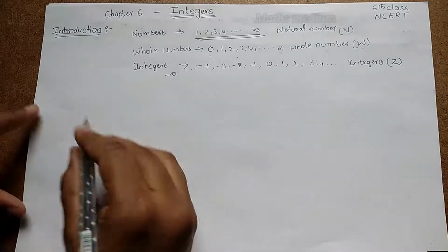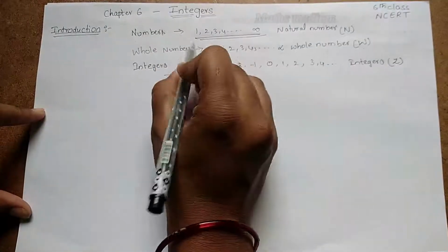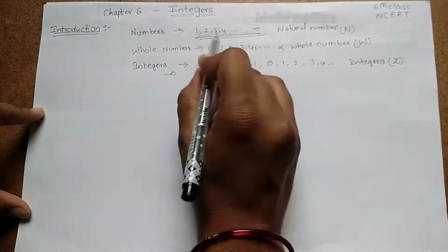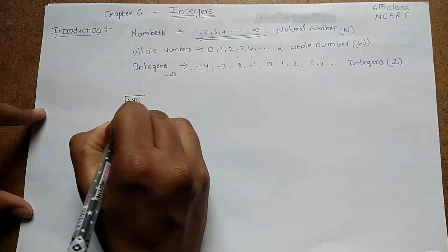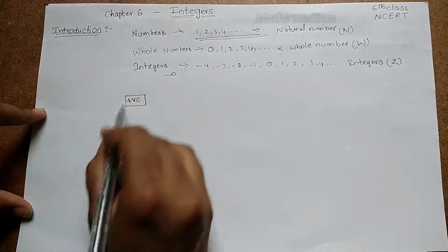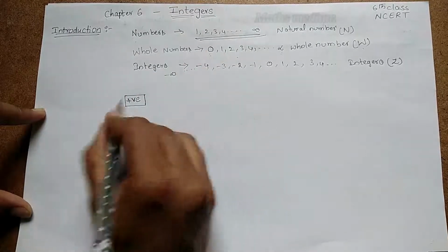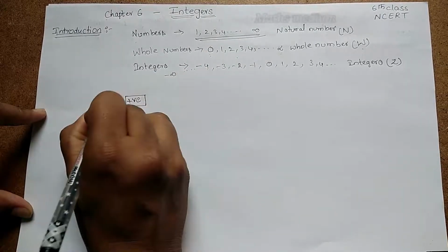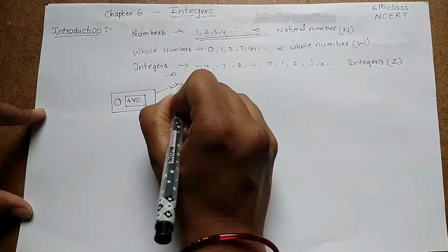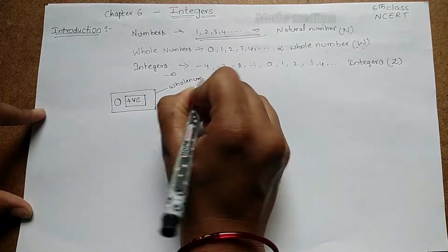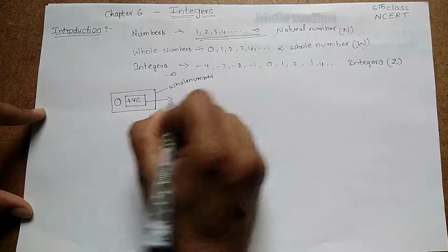Let me show you a visual representation for the integers, then you will get a better understanding. Okay, let's start with the numbers. Those are natural numbers 1, 2, 3, 4. We say these are positive numbers, right? If we add 0 to the positive numbers, we get whole numbers. So let this box be the whole numbers, and this is natural numbers.